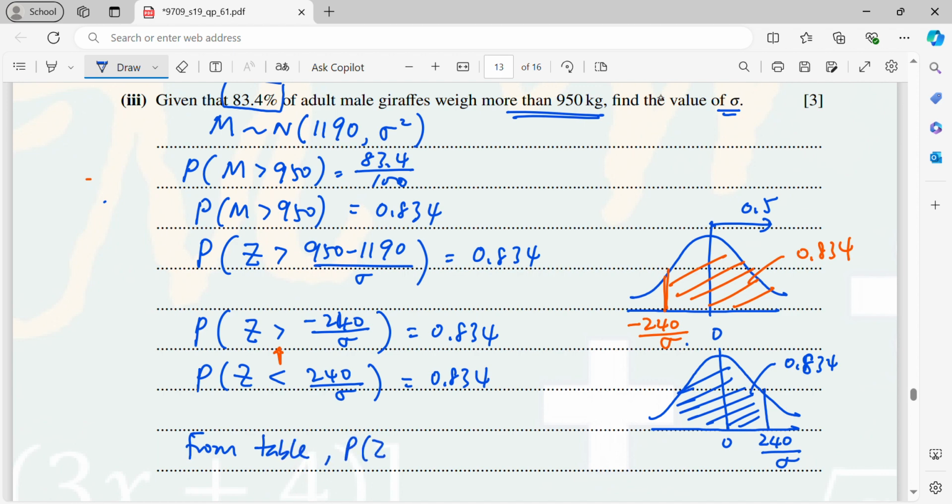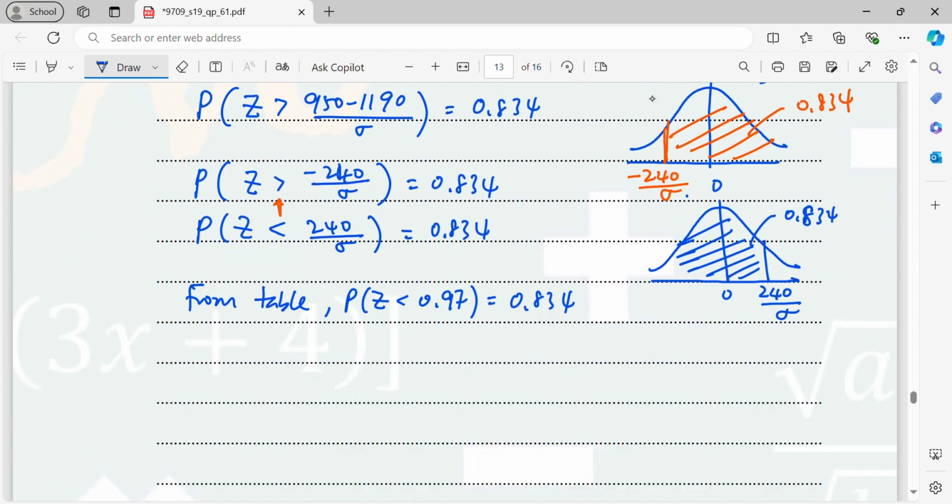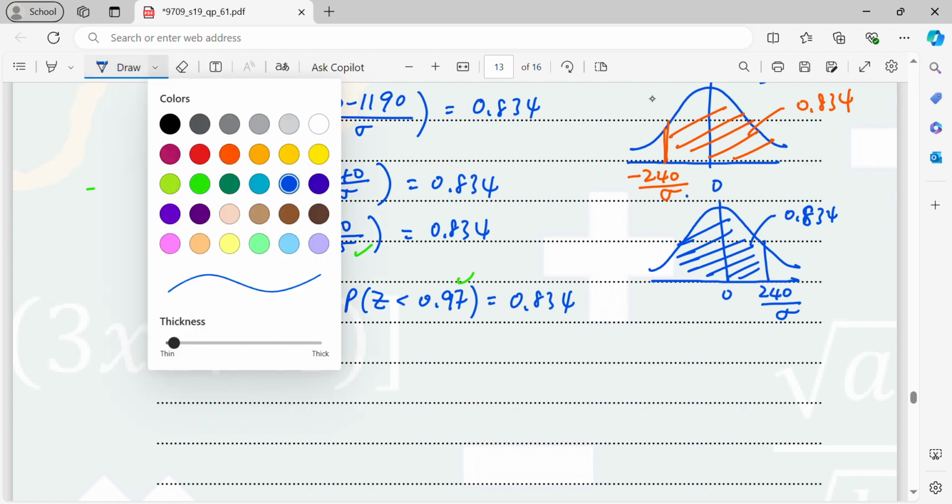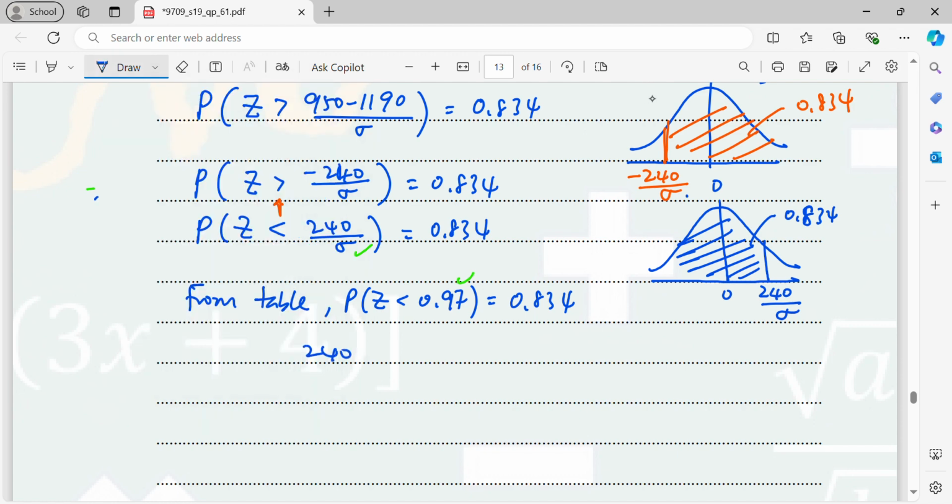So it will be P(Z less than 0.97) and the probability is 0.834. Okay, then now I will compare these two values to get the sigma value. So 240 over sigma is 0.97.